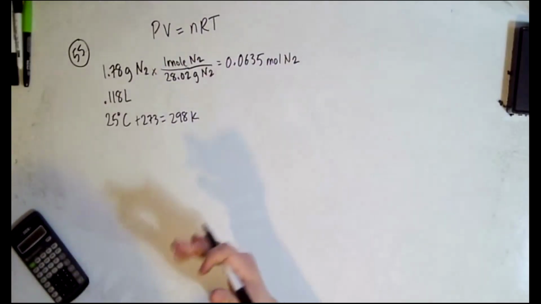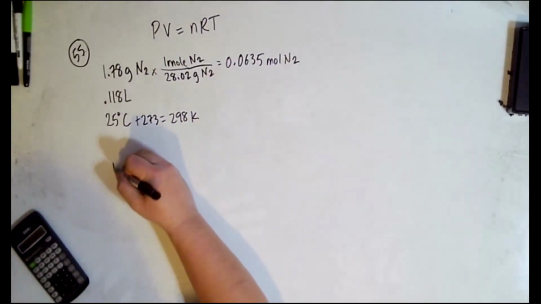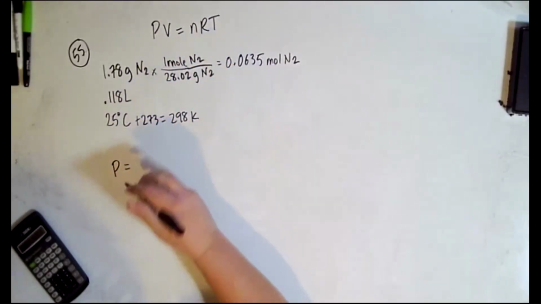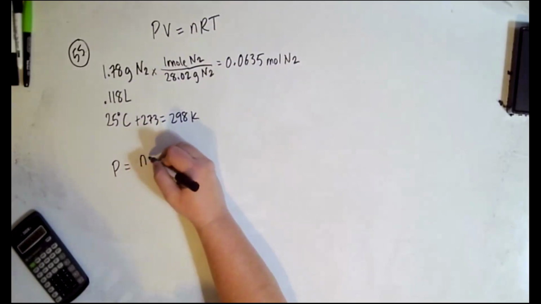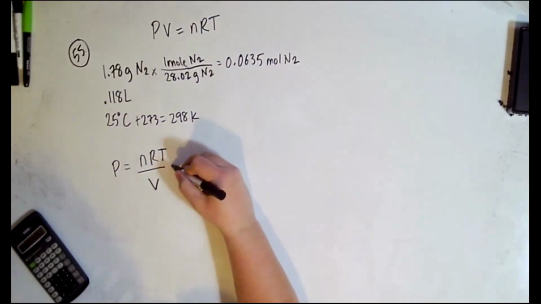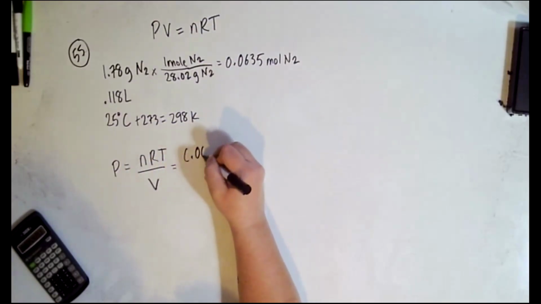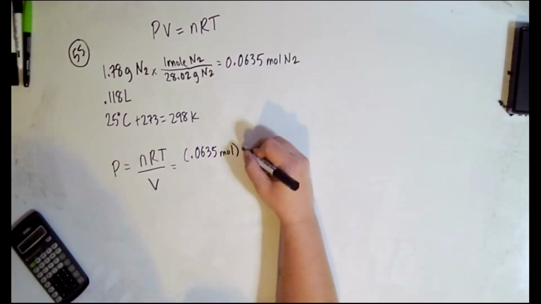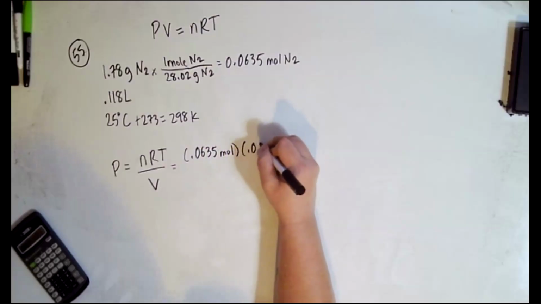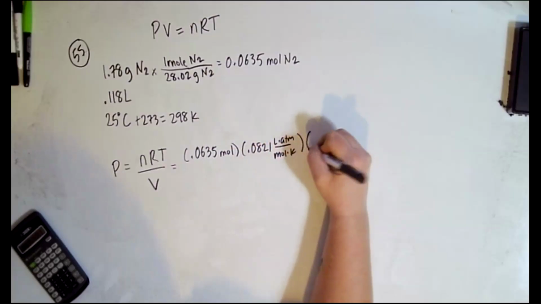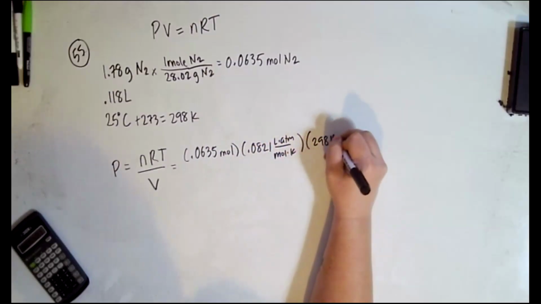Okay. And now I can find my pressure. Pressure, remember, we'll divide both sides by volume to isolate the pressure. So pressure is going to be nRT divided by volume. So there's our mole value. Here is our gas constant. Here is our temperature.